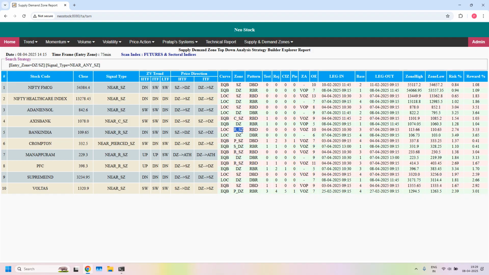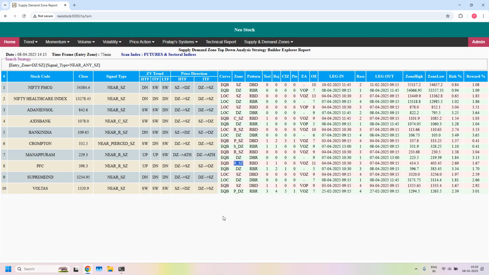Bank of India is having a 75 minutes high liquidity supply zone. Manappuram is having a 75 minutes high liquidity supply zone. PFC is having a 75 minutes high liquidity supply zone. So total 4 stocks are filtered.